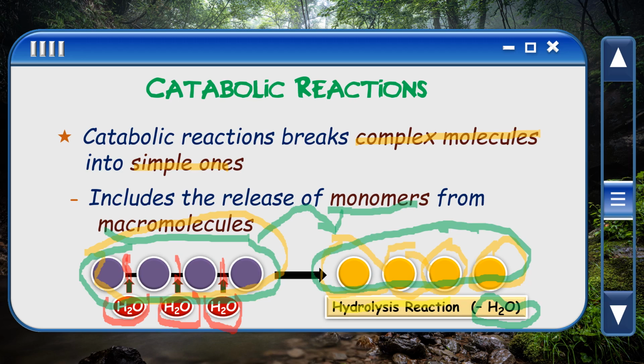Now this one is referred to as a hydrolysis reaction. In a hydrolysis reaction, you break a macromolecule and you release the monomers. But you have to provide water. And when you provide water, that is what we refer to as a hydrolysis reaction. And it is a catabolic reaction.